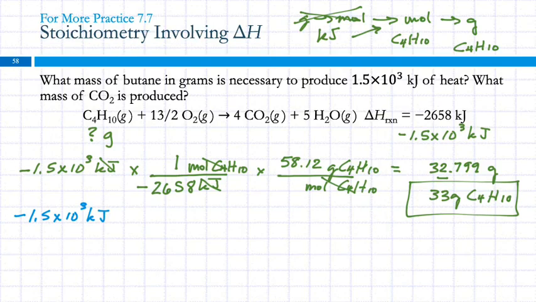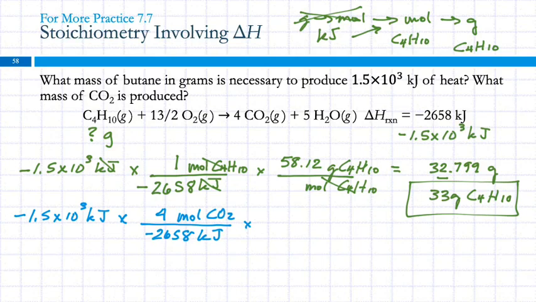It's producing that much energy. But now I'm going to look at how many moles of CO2 are associated with 2658 kilojoules. How many moles of CO2 are produced for this amount of energy? 4, right? 4 moles of CO2.